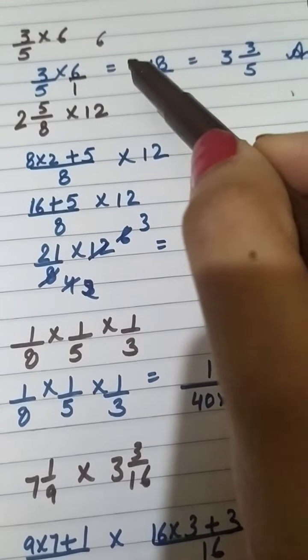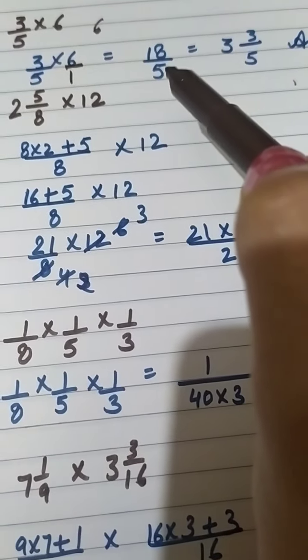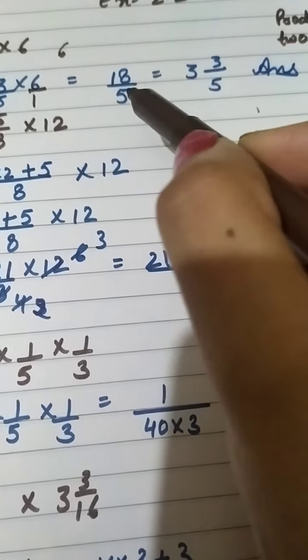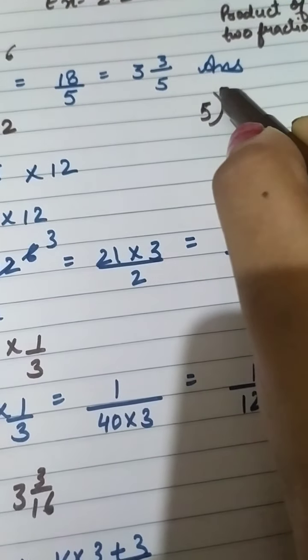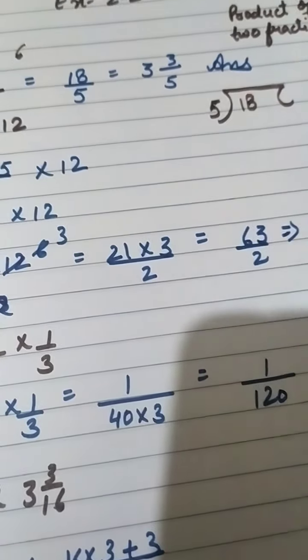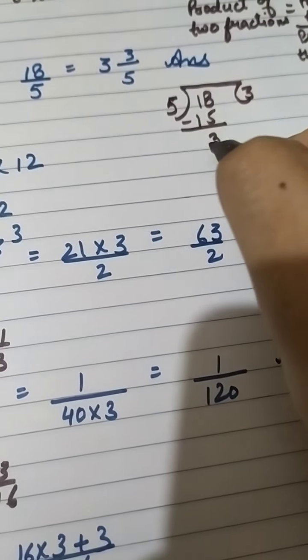Children, don't leave your answer here only. You have to convert this into a mixed fraction. So how to do it? You have to divide 18 by 5. So 5 3s are 15. From 18 subtract 15, we get 3.